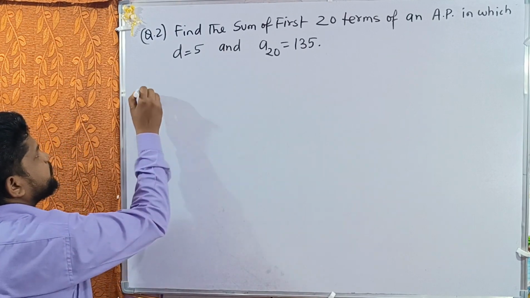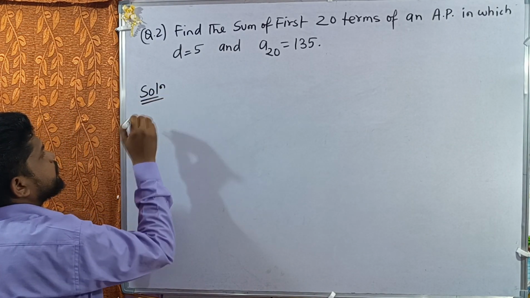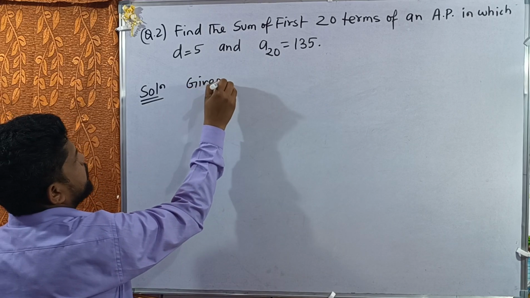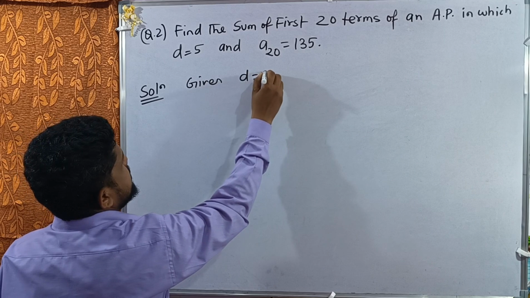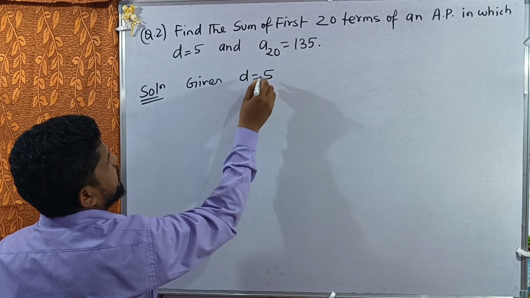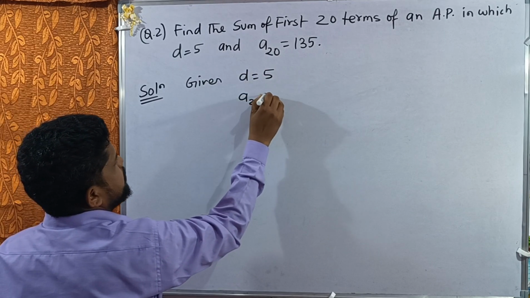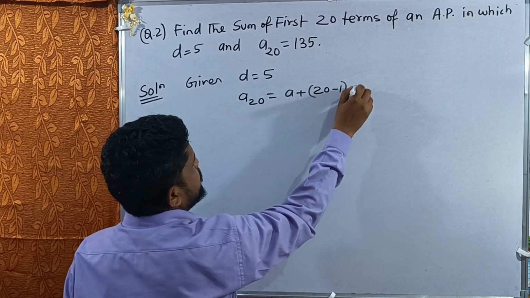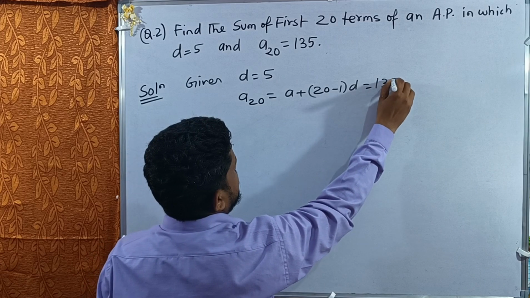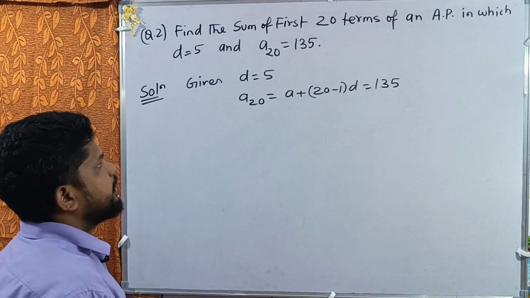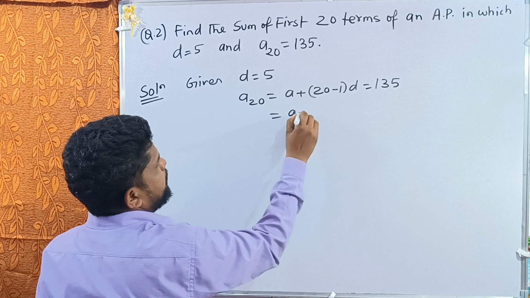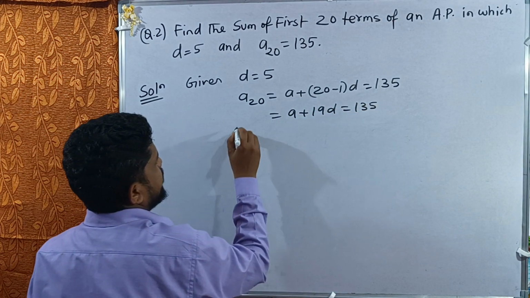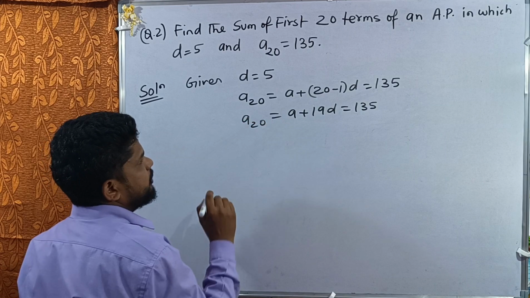Now see, here it is given that the common difference is 5 and the 20th term, which is written as a plus (20 minus 1) d, is equal to 135. This gives a plus 19d equals 135, so a20 is 135.